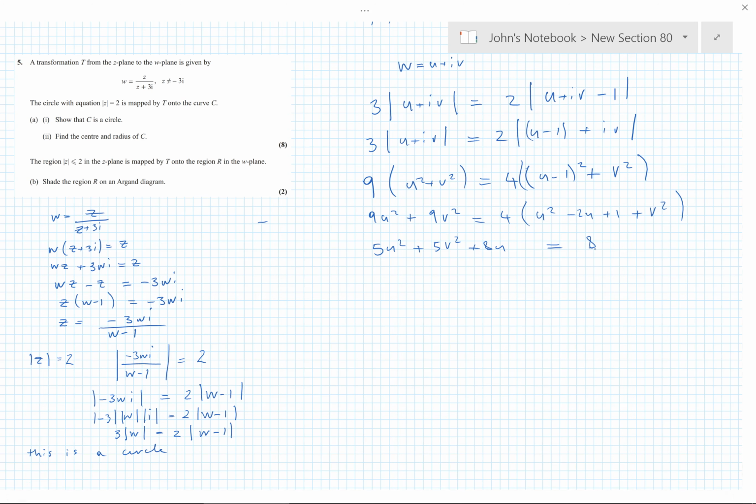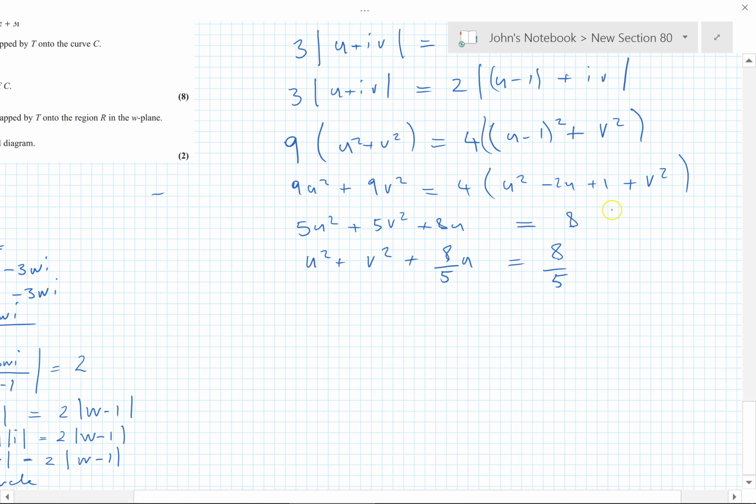Okay, so now I'm going to divide by 5. So we've got u squared plus v squared plus 8 over 5 u is equal to 8 over 5. So of course it's 4, isn't it?